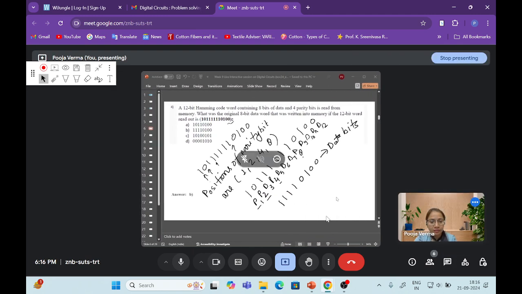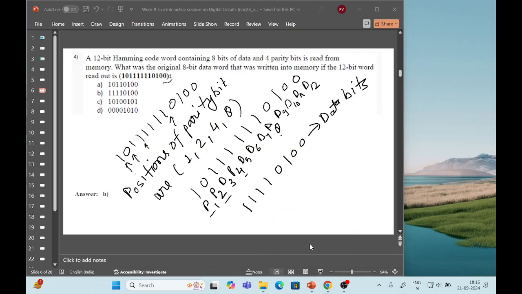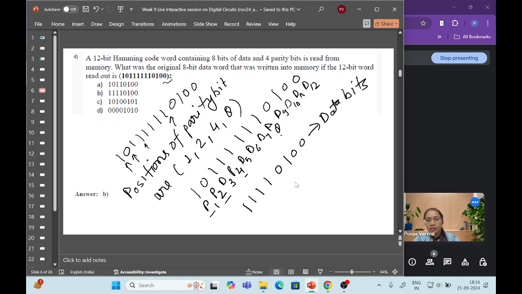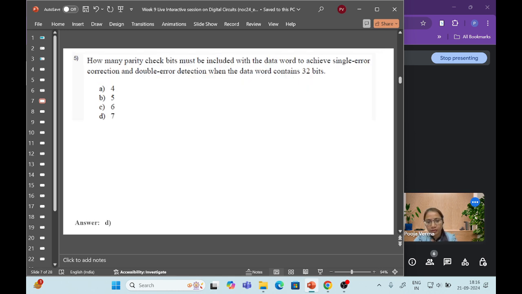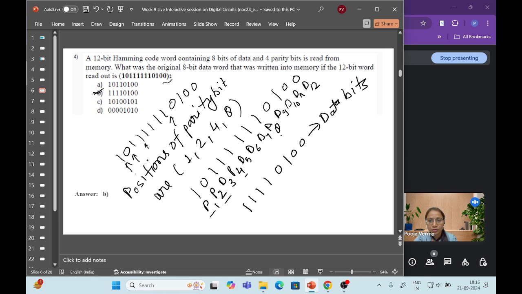Option B is the correct option for this question: four 1s, then 0 1 0 0. Okay, moving on. I hope all of you have understood this question.